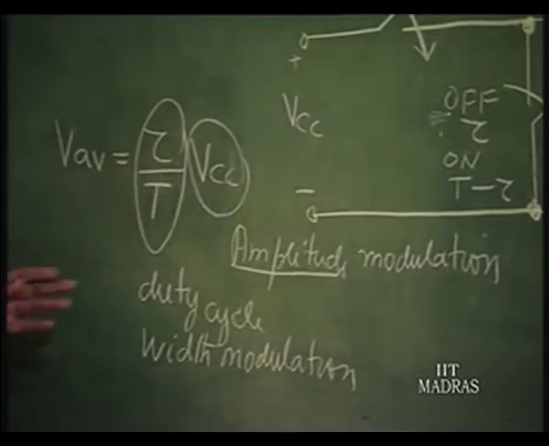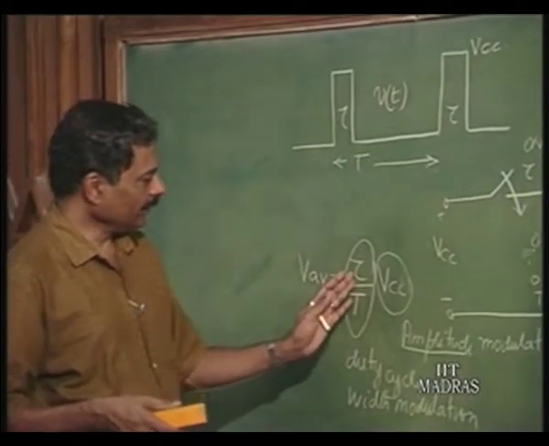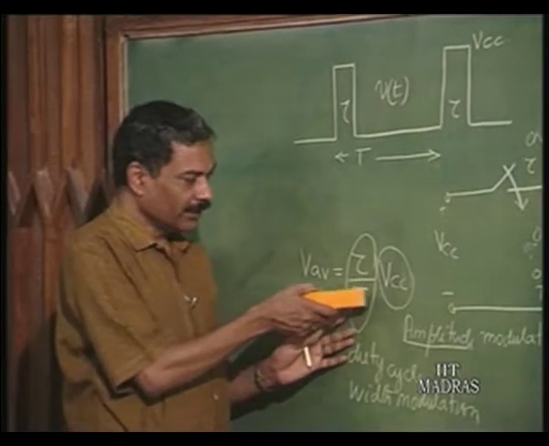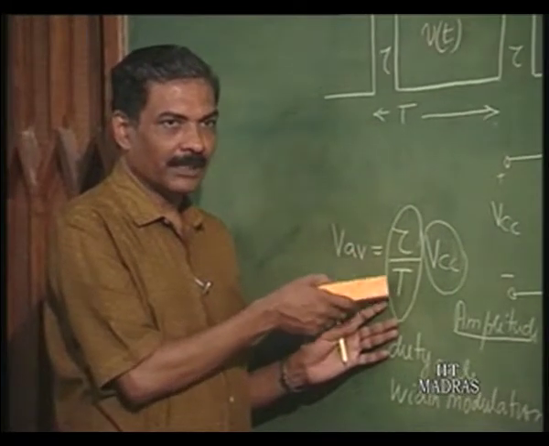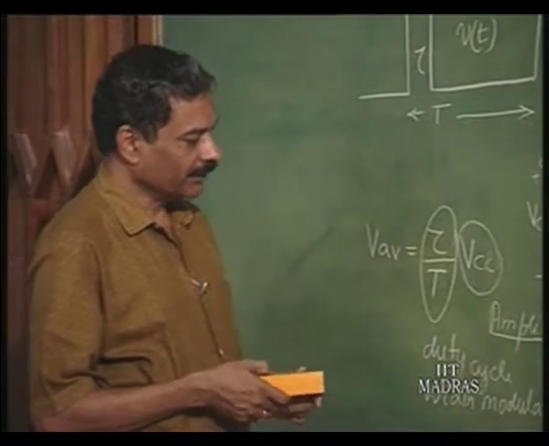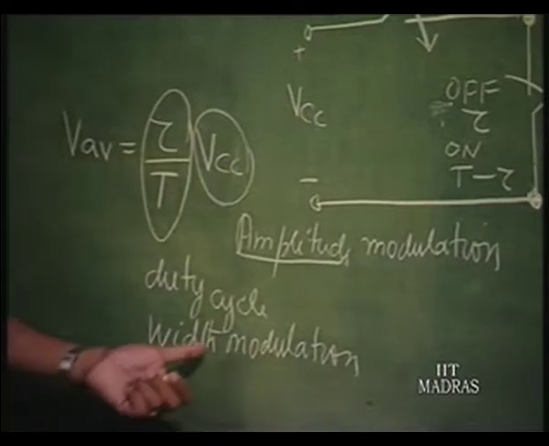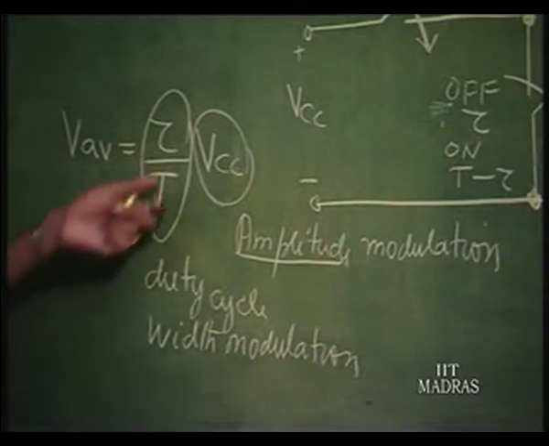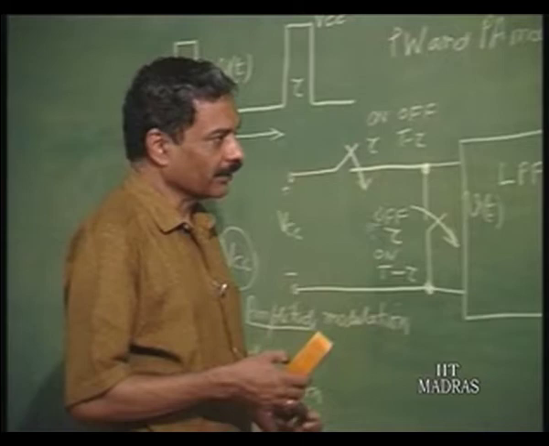Next, we will consider how this average, when VCC changes sign, should also change sign when this particular multiplicand changes sign. So, that kind of operation is very necessary for efficient outputting of the modulating information. So, let us see that.